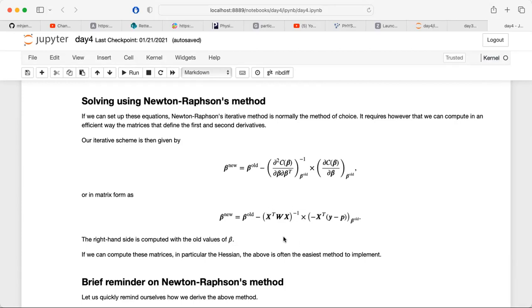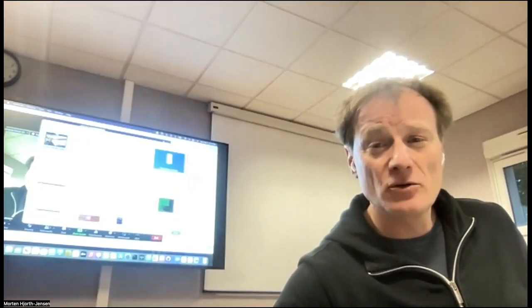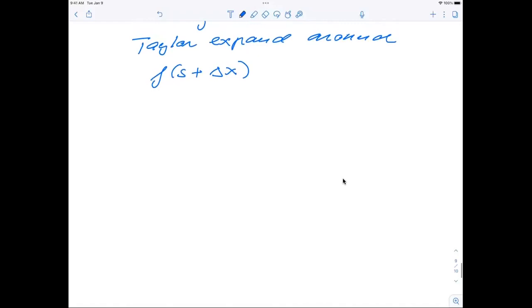So let me just bring back the whiteboard, because then we have the basic root of all evils, which we are going to meet in machine learning here. So if we look at these parameters beta, what we have now is a beta optimal for the new value, the beta new, which is actually given by the beta old.